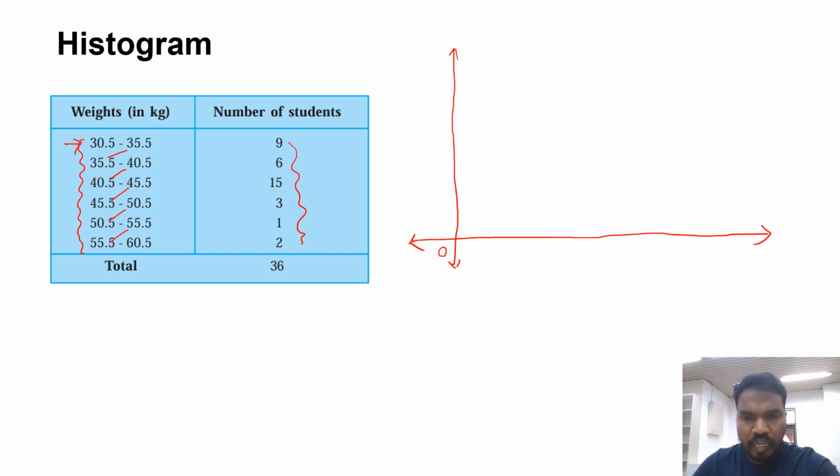Do we need to write all the values here? You can skip all those values. So this is nothing but a kink. You don't need to write all the values from 0. You assume that all these values are there, and from here I am writing.